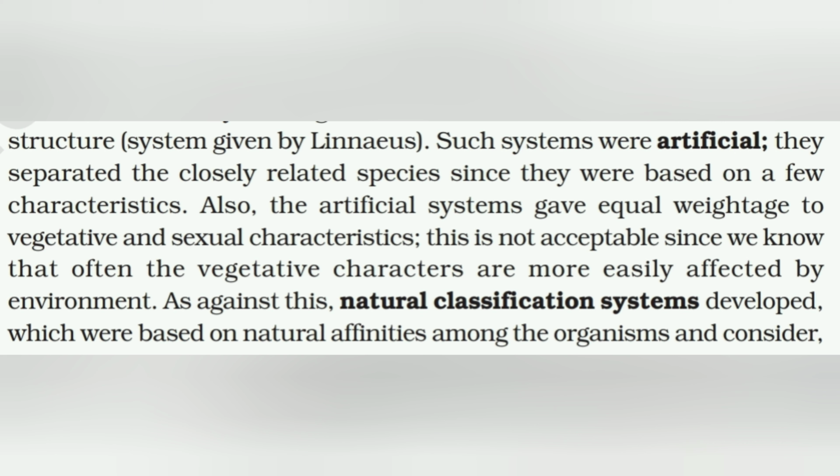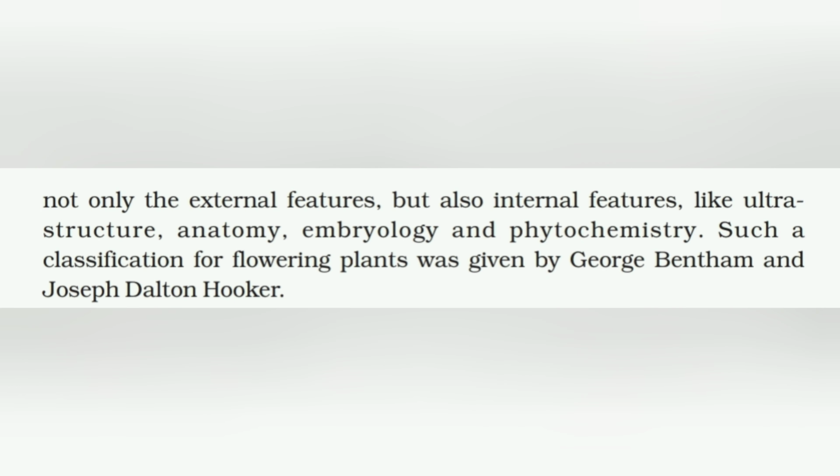As against this, the natural classification system was based on natural affinities among the organisms and considered not only the external features but also the internal features like ultrastructure, anatomy, embryology and phytochemistry. Such a classification for flowering plants was given by George Bentham and Joseph Dalton Hooker.